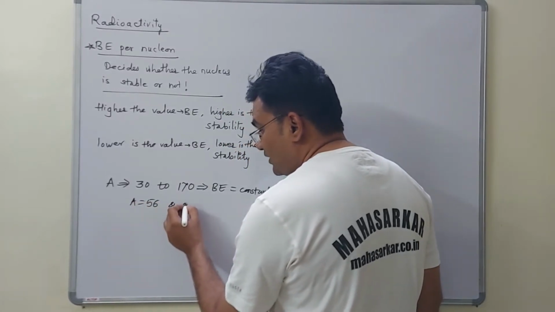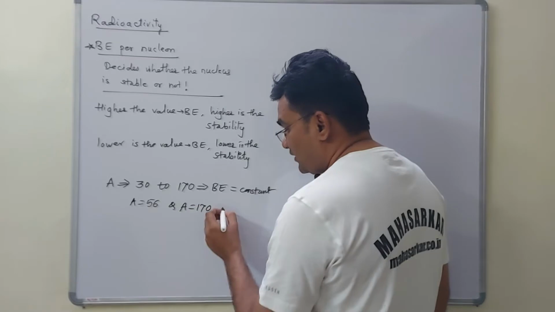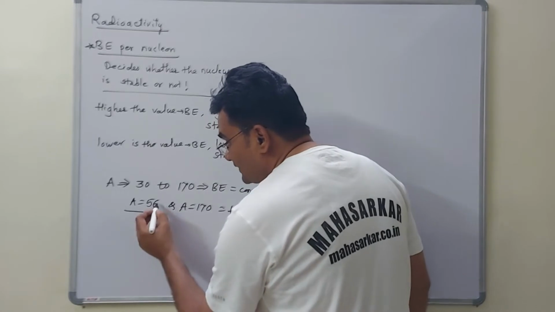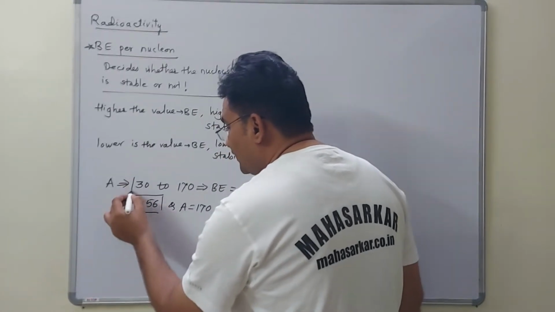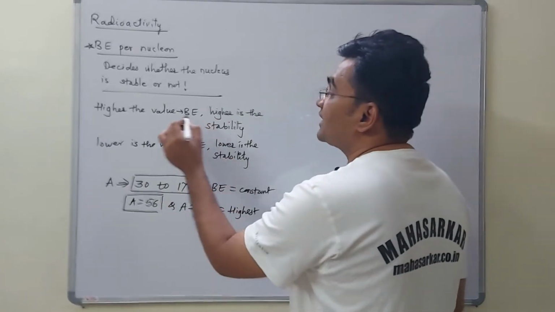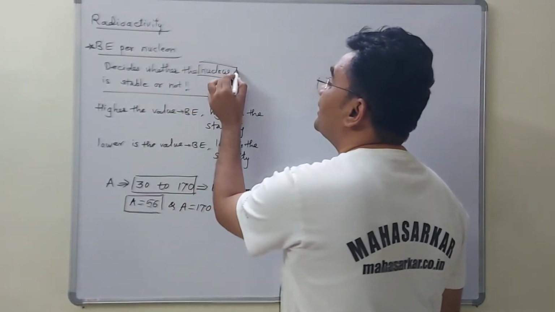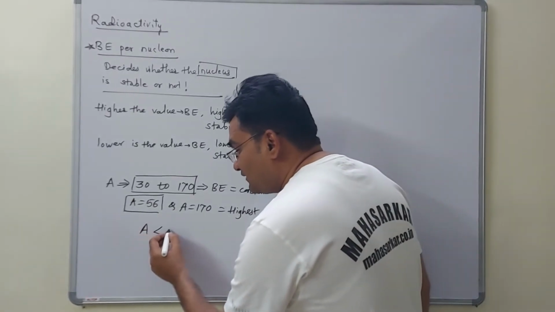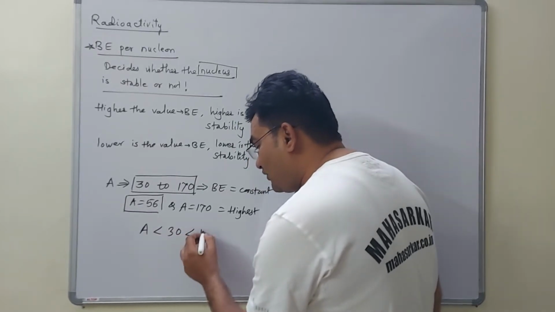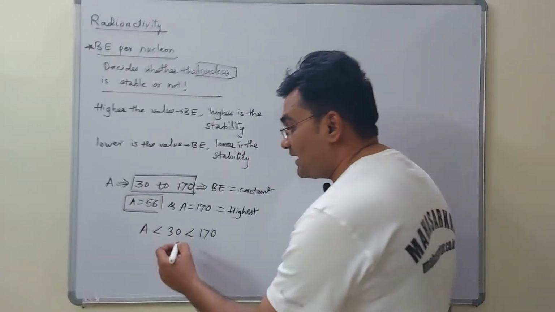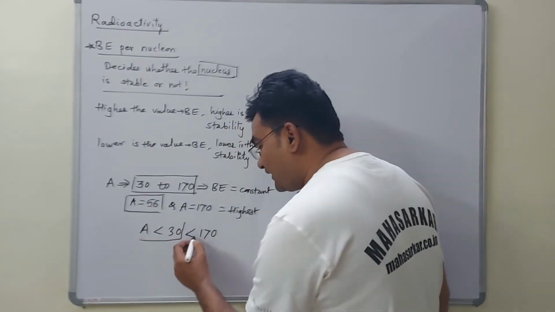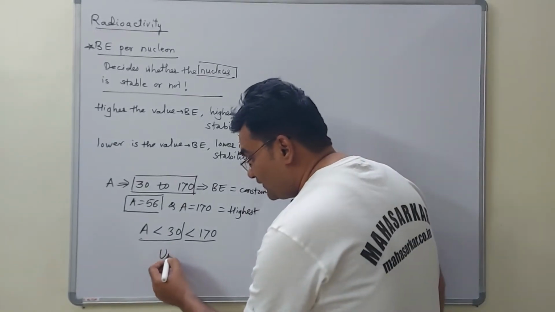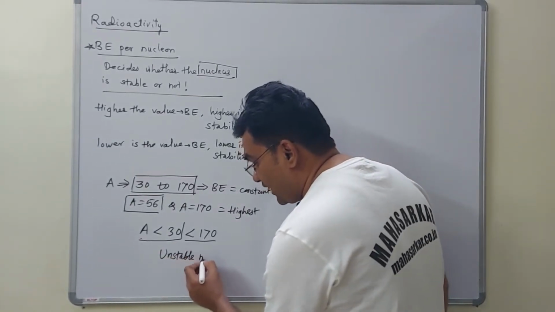So we can say that elements whose mass number belongs to 30 to 170 are quite stable nuclei. Whereas elements with mass less than 30 and greater than 170 are not stable. So we consider them unstable nuclei.